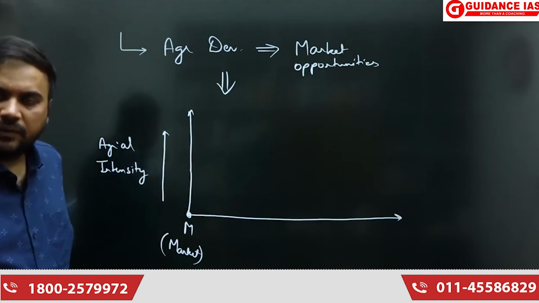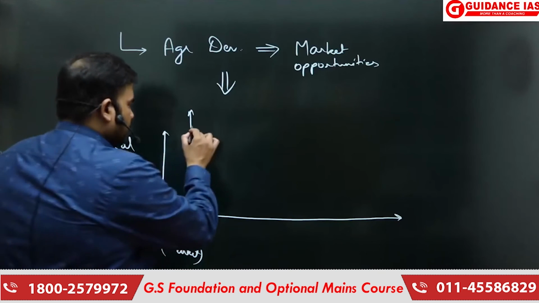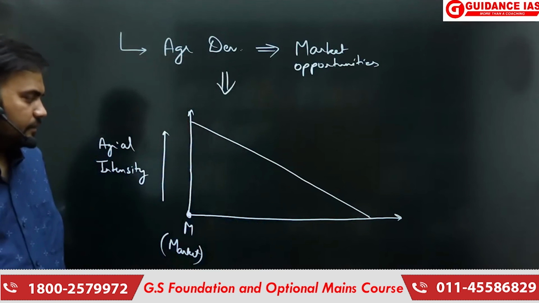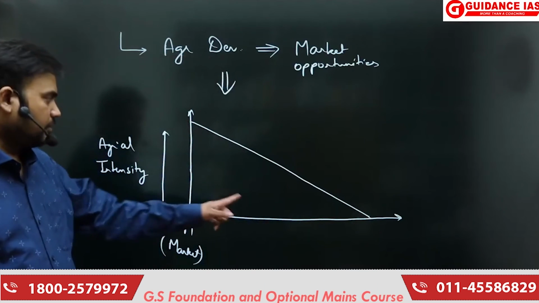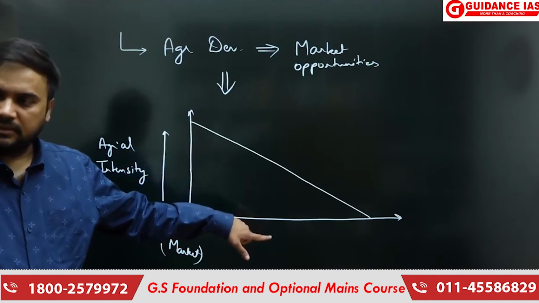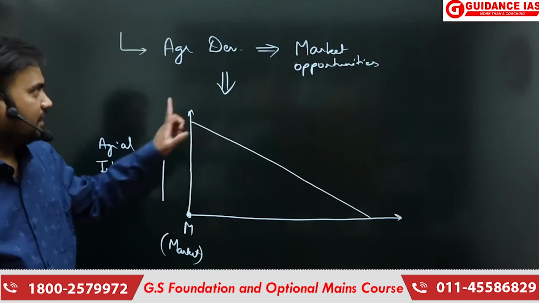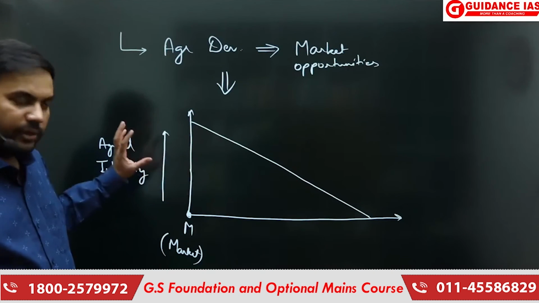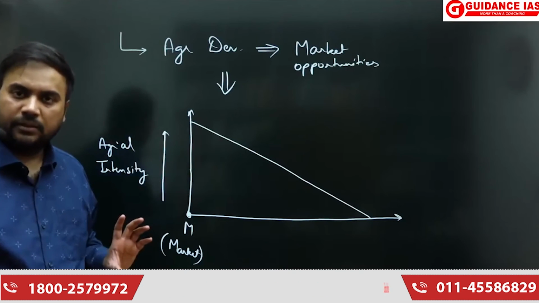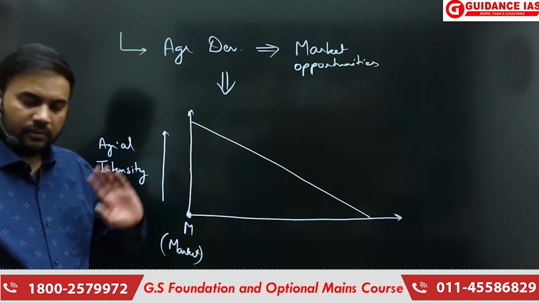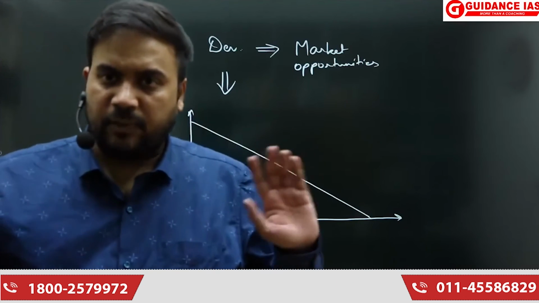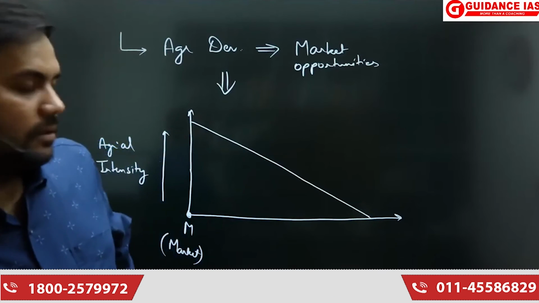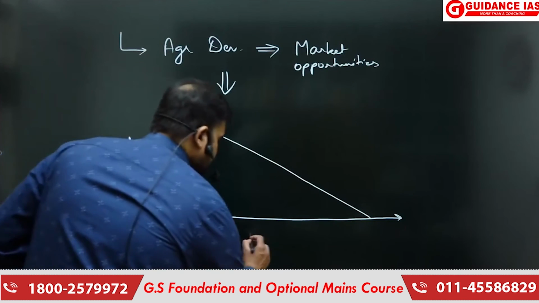Because of that, productivity would be higher, production would be higher. There is distance decay. As you move away from the market, agricultural intensity declines. See, the same thing, I am trying to explain from a theoretical viewpoint, a scientific viewpoint. Do you get what I am trying to explain here? Tell me. Here is very clearly the distance from the market.